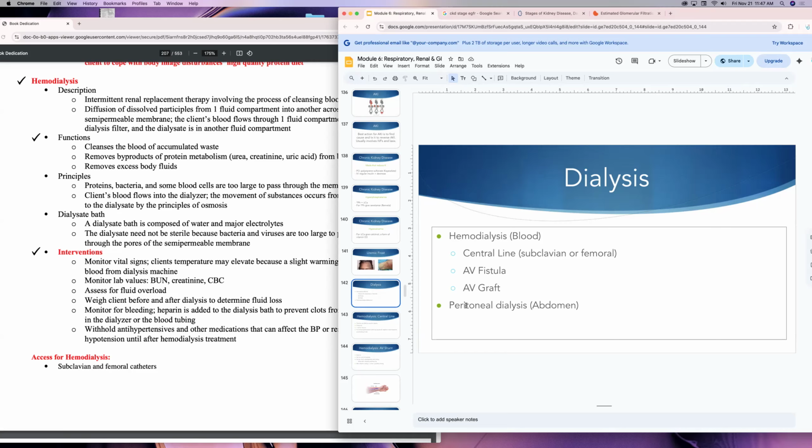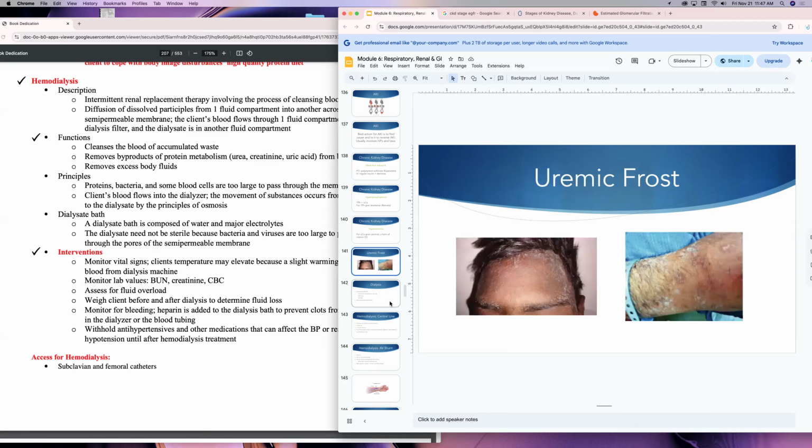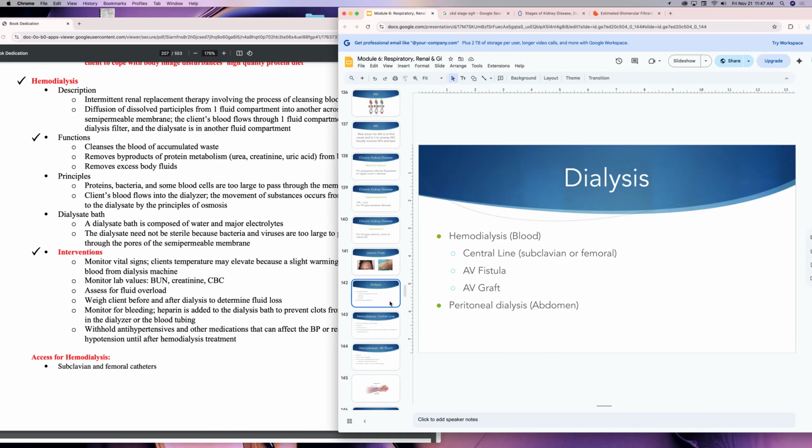It has to be surgically created, and the AV fistula and grafts can be very big in the arm. They can look like a snake under the arm, so it's very big. And again, it can add to the grieving process they have over loss of body image, right?